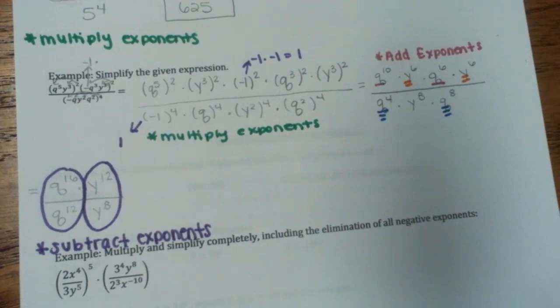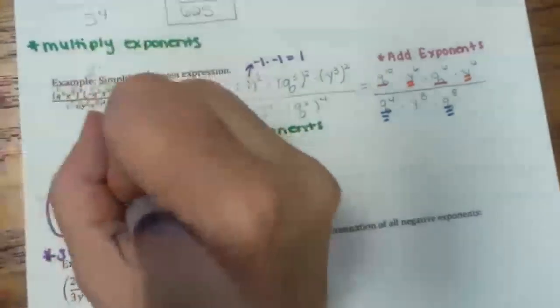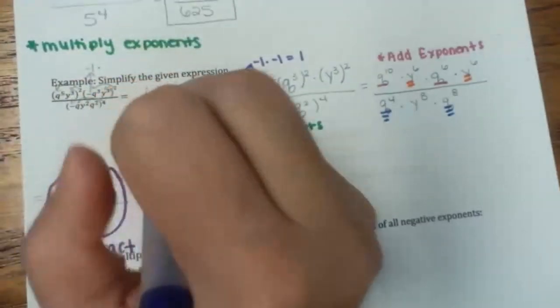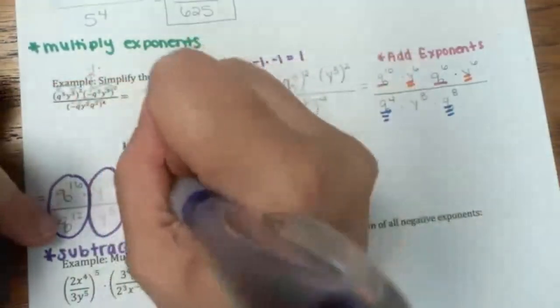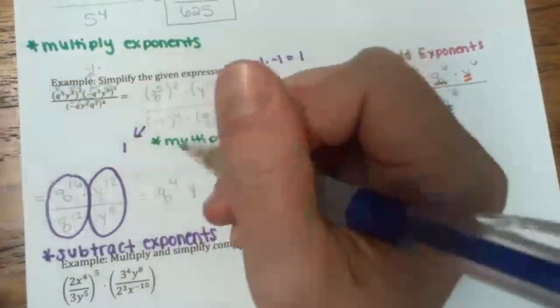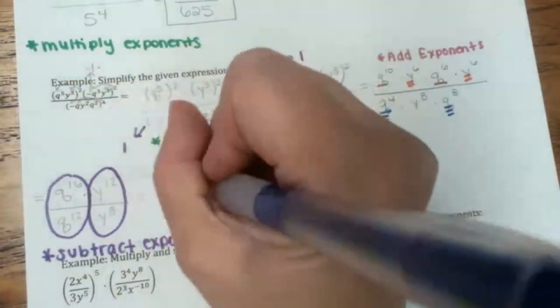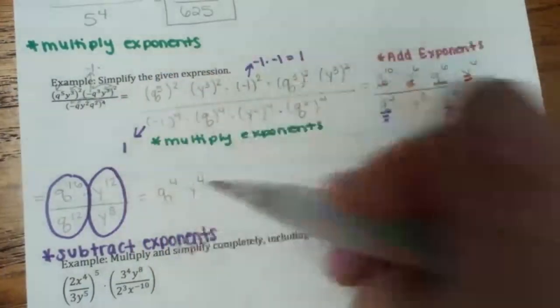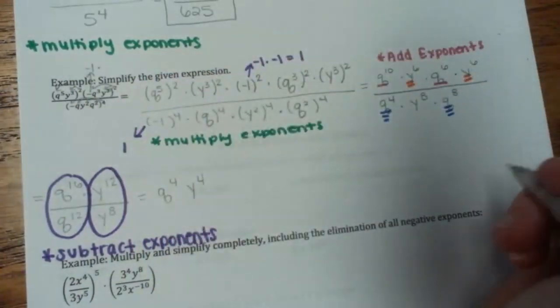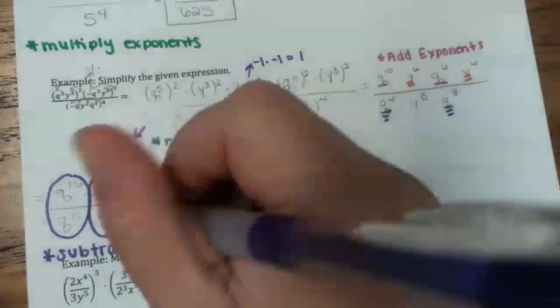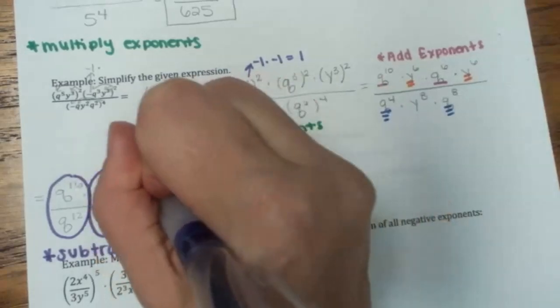Subtracting our exponents, we would get q, 16 minus 12 would give us 4. y to the 12 minus 8 would also give us 4. So I combine all my q's together, all my y's together, my exponents are positive, we're done.